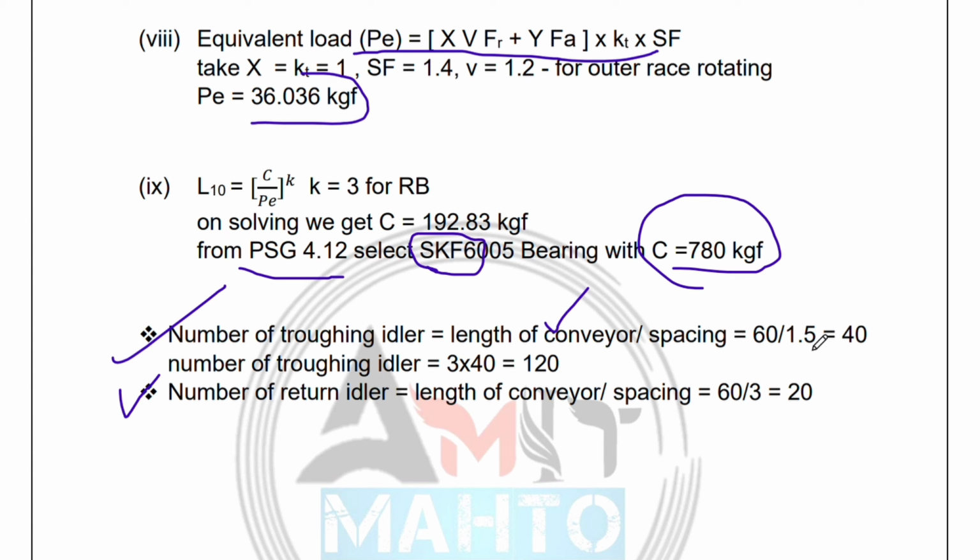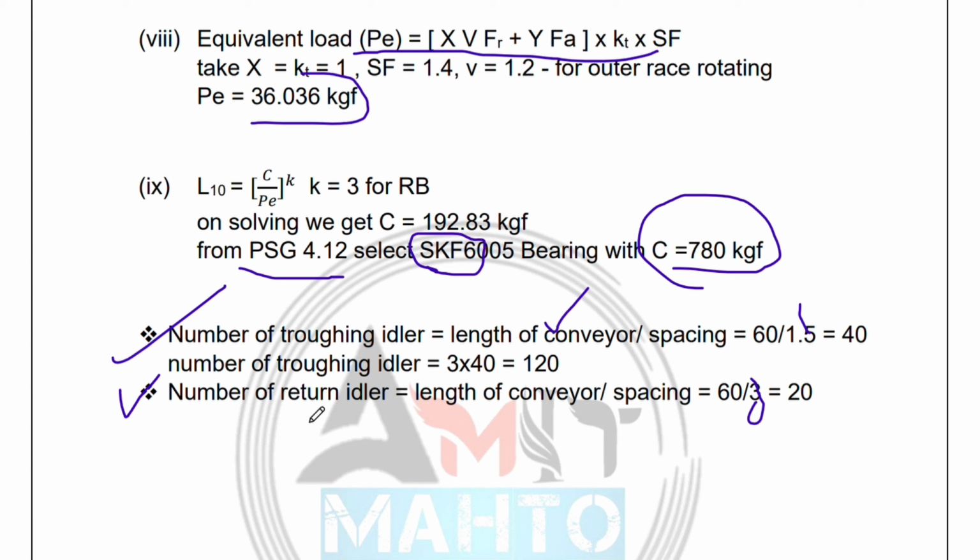This spacing of 1.5 is for top running; for the top we have taken a spacing of 1.5, and for the bottom we have taken a spacing of 3. Put the values and we get 40. But in top running there are 3 idlers, so we multiply the answer by 3 to get the final answer, which is 120. Number of troughing idlers will be 120.